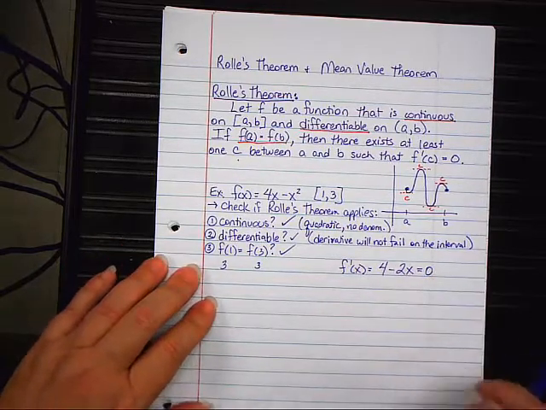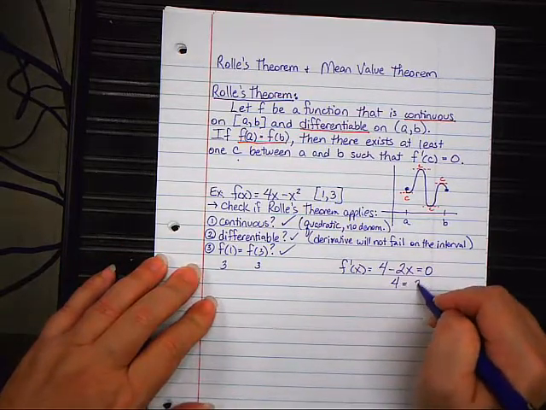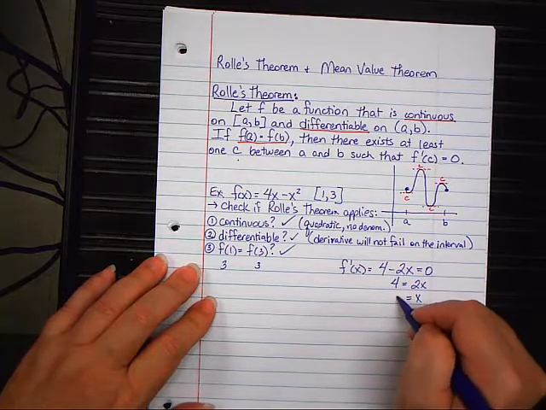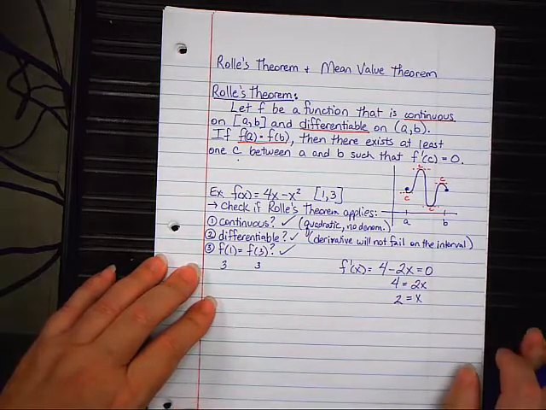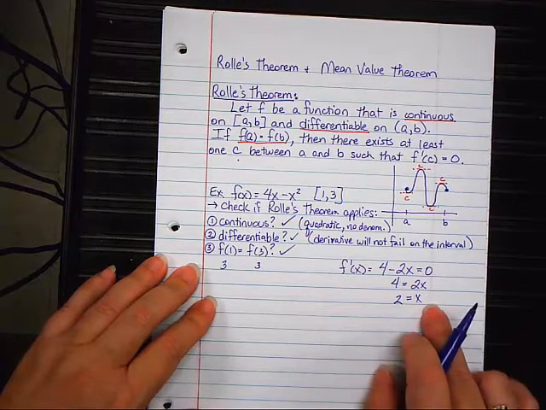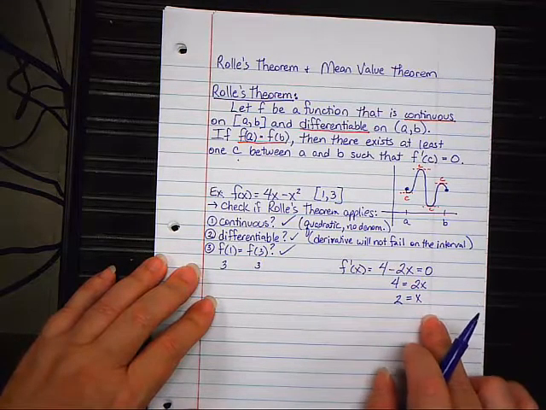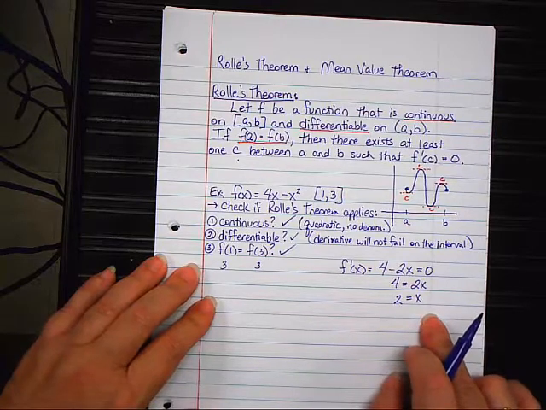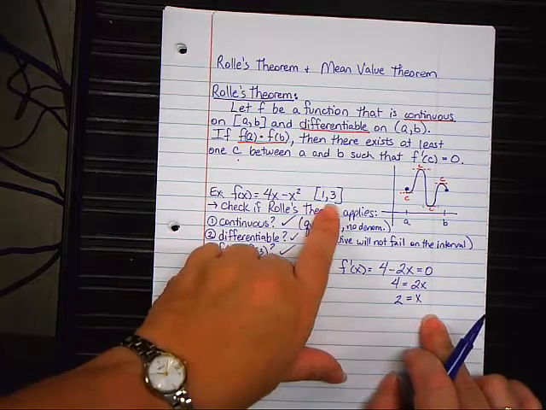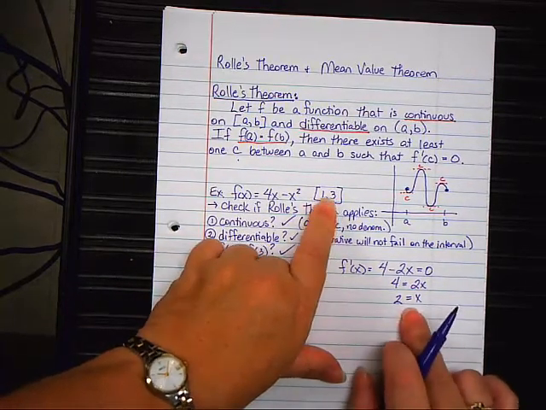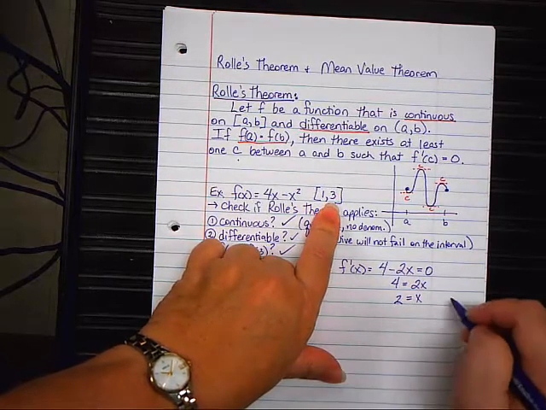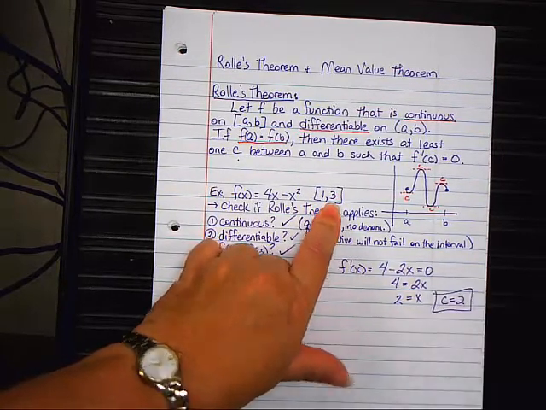Let's solve for x. 4 equals 2x, x equals 2. Now, it says C. I did this in terms of x because the x value will only be a C value if it falls between these two numbers. Does this number fall between these two numbers? Yes. So my final answer is C equals 2, and I'm done.